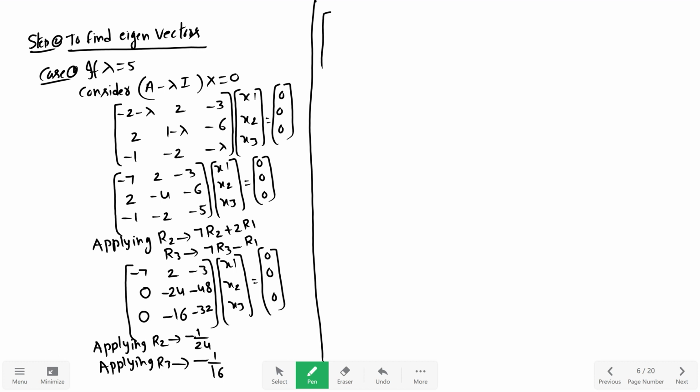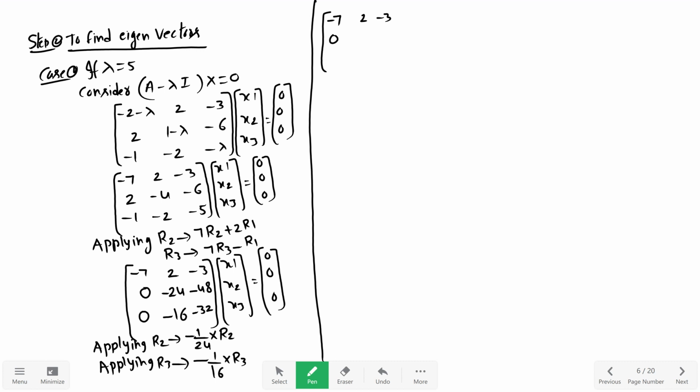The first row stays the same: minus 7, 2, minus 3.